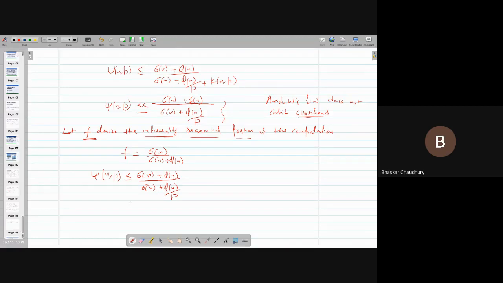You can write it in terms of f now. Let me do it here a little bit for you. If I go in this direction, f sigma n minus sigma n is equal to minus f phi n.